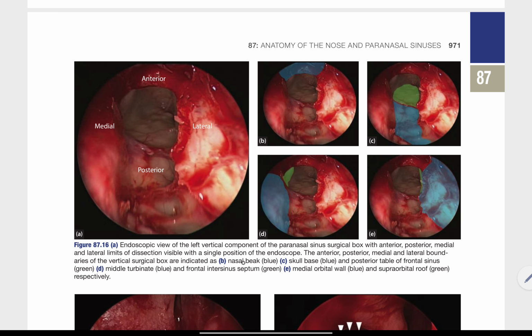C: Nasal beak in blue, skull base in blue, and posterior table of frontal sinus in green. D: Middle turbinate in blue and frontal intersinus septum in green. E: Medial orbital wall in blue and supraorbital roof in green, respectively.